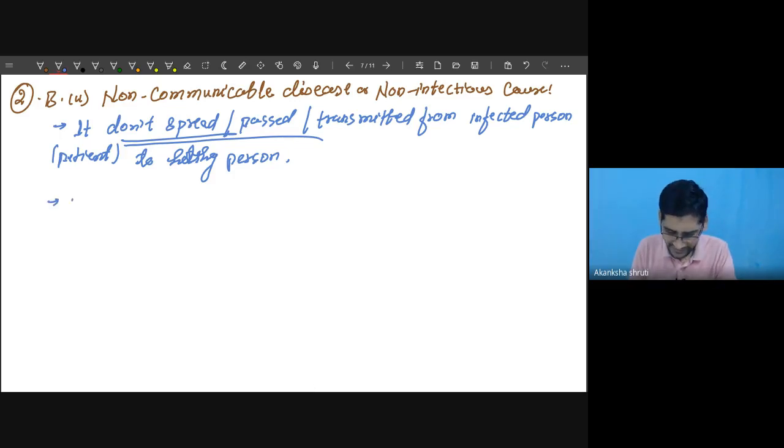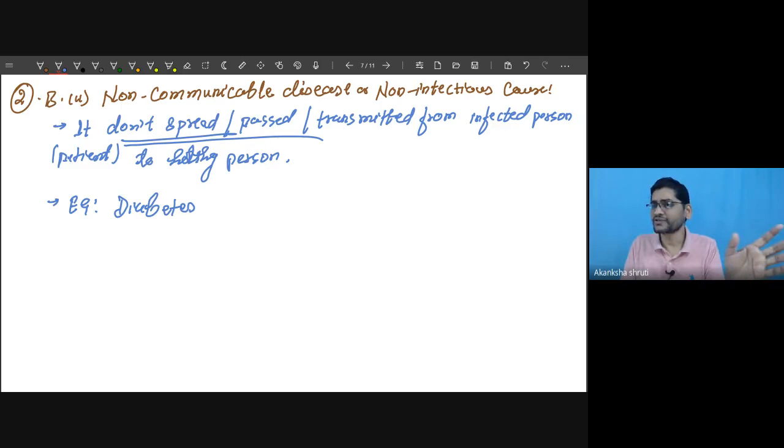Example, diabetes. It occurs to an individual because of blood sugar. The sugar is not buffered or controlled in the blood. It remains confined to the patient. It will not pass to the other one.